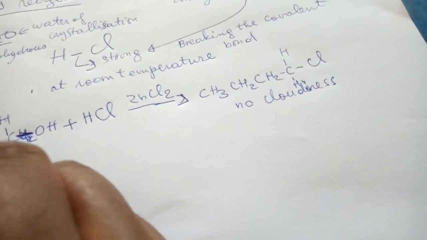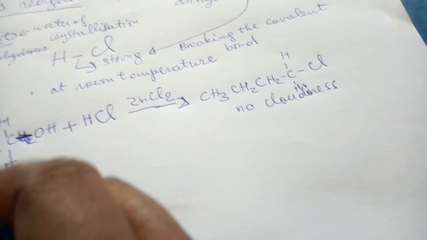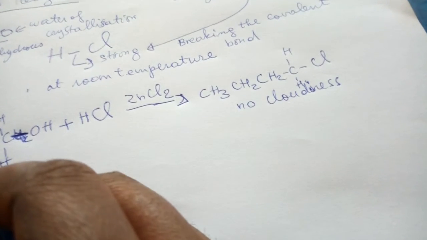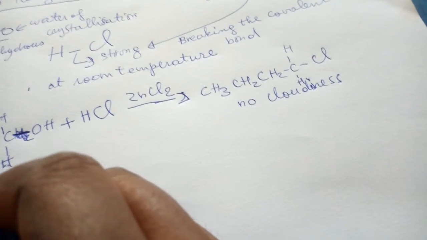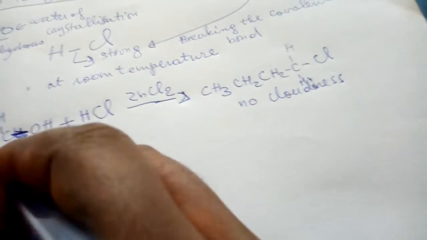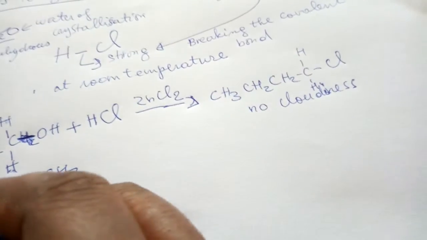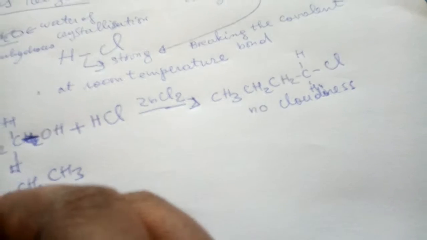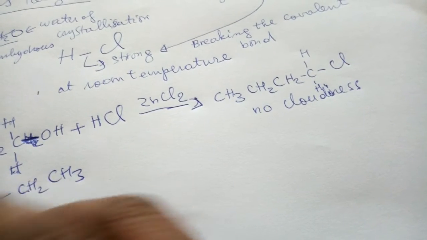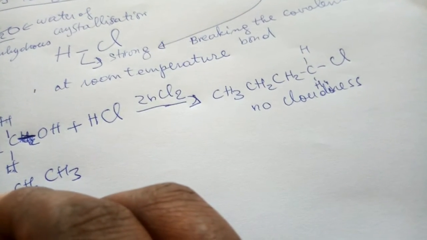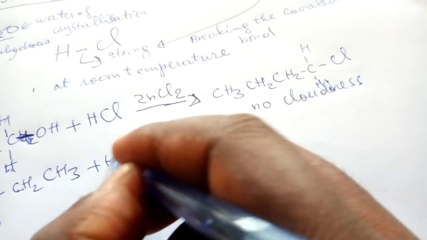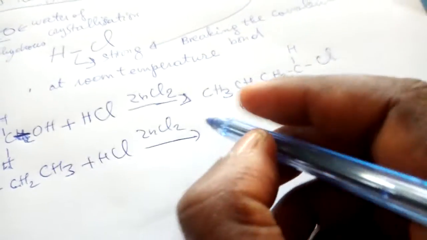But if we use a secondary alcohol, like what I see here, CH2, CH3, you find that there is a steric hindrance. Carbon is surrounded by other carbon atoms, and this helps the bond to be broken a bit more easily.